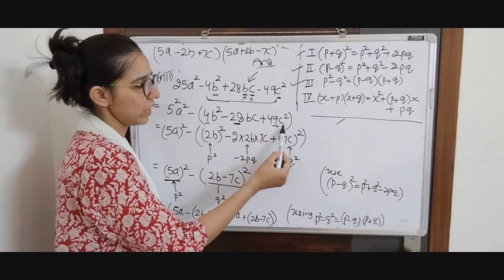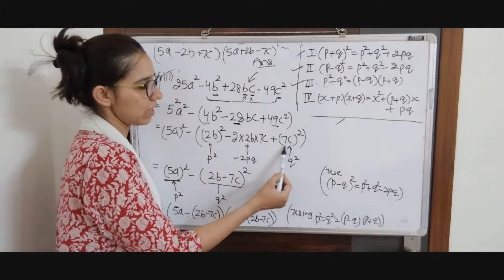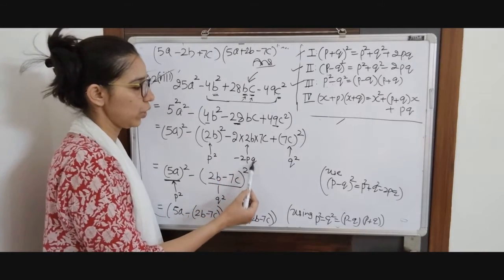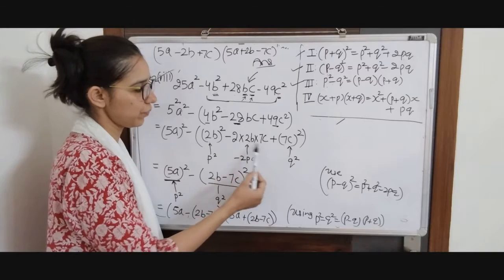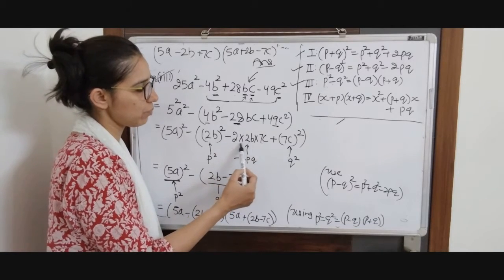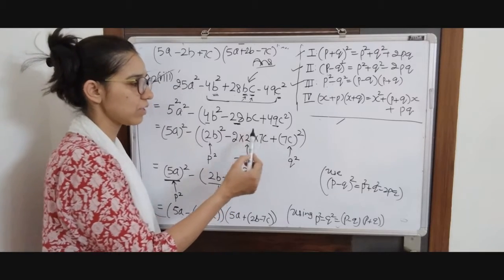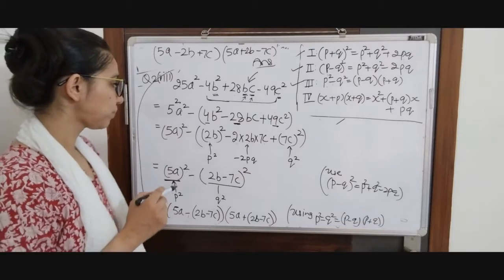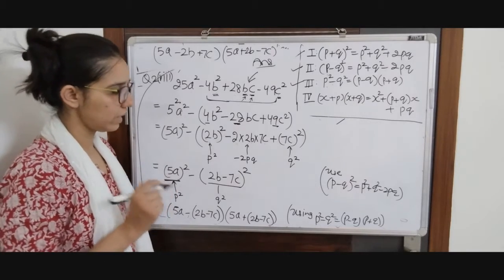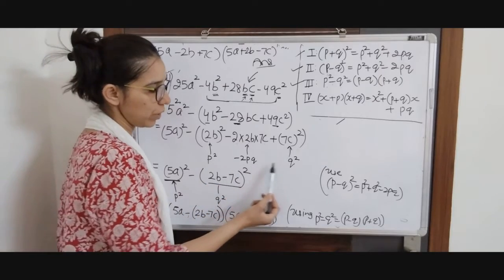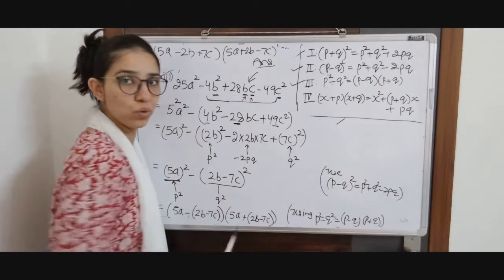Now this is 7 square c square, so it is going to be 7c whole square. And we will try to write this term as minus 2pq. When we are factorizing, we are getting this, and when we are multiplying it, we are getting this back. So we have done the clubbing correctly. So we will apply the formula p square minus 2pq plus q square, which is p minus q whole square.